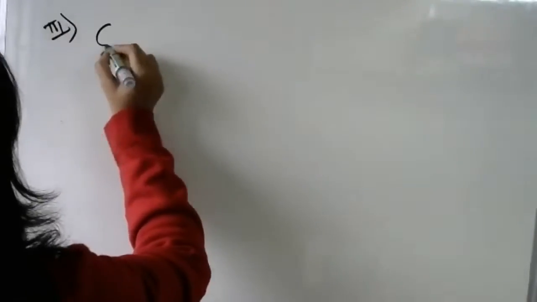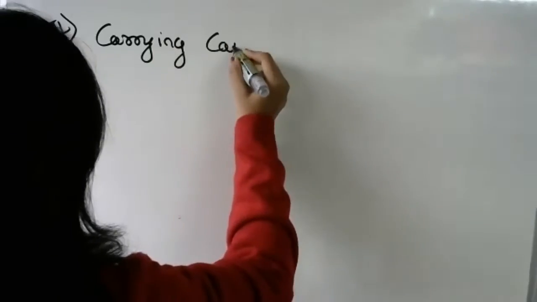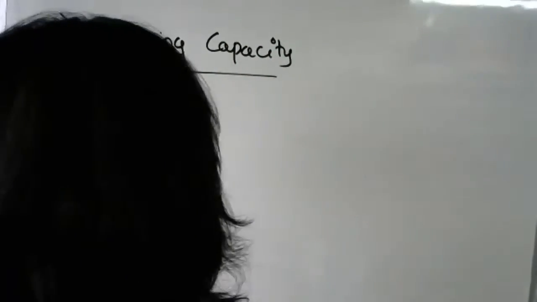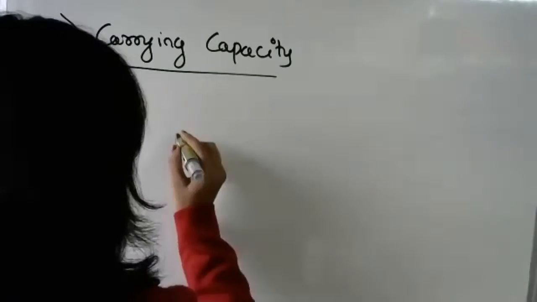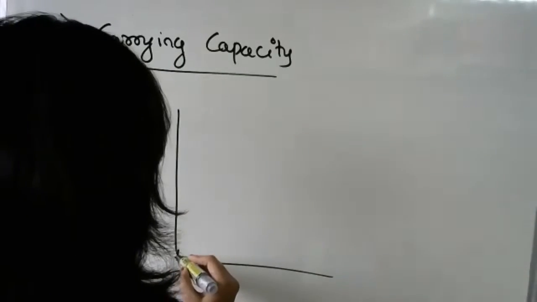Imagine I'm talking about the third point, that is carrying capacity. Suppose a group of organisms have entered a new place. Initially growth will be very slow, like this.